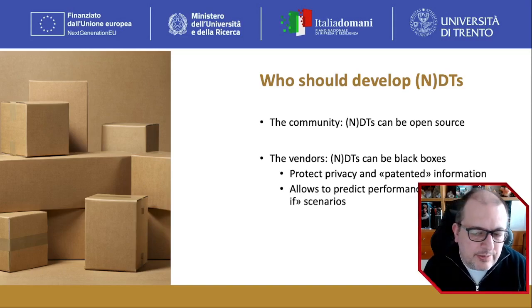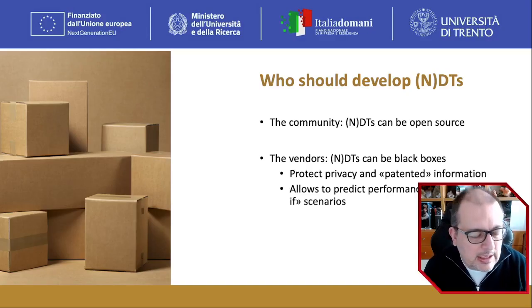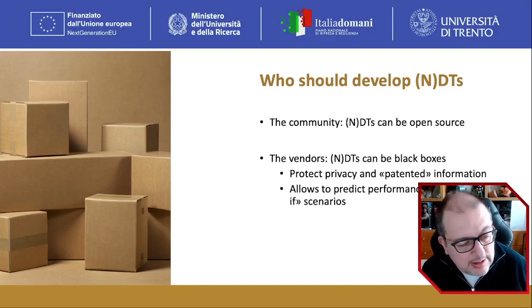For vendors, this could be different in that they could build network digital twins as black boxes so that they can protect their own patented or secret information, because the actual usage of the network digital twin is as a black box that we can use for optimizing its parameters and its performance. And it's not necessary to know all the internal details. The important thing is that the network digital twin should be accurate enough for our purposes. So this could open the floor for vendors to sell to customers not only the physical object, but also the related network digital twin to study it and to better understand its behavior.